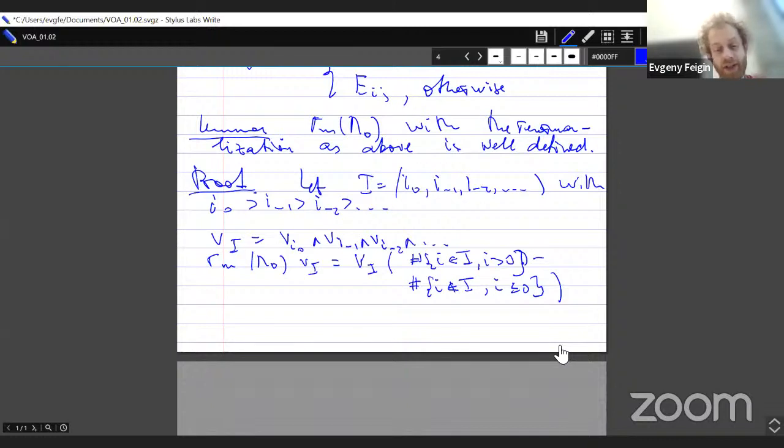So the claim is that Rm of lambda naught applied to Vi is just Vi times some constant. And this constant can be easily computed. You take the number of positive integers which are in I, and you subtract the number of non-positive integers which are not in I. So can somebody explain why this is true?